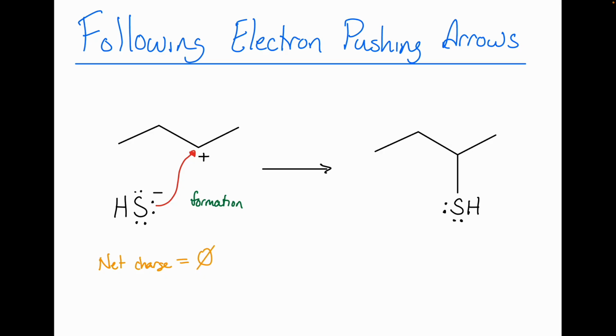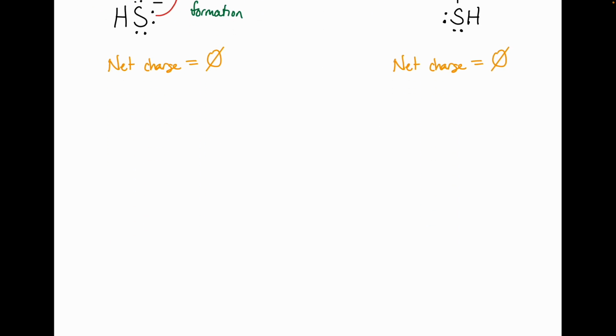I got my negatively charged hydrogen sulfide ion and my positively charged carbocation, which means my net charge over here better be 0 as well. Okay? So charges are something that's easy to get lost on. So just make note, one kind of easy way to spy whether you're missing a formal charge is keeping in mind this idea of a conservation of net charge. All right, let's do another one.